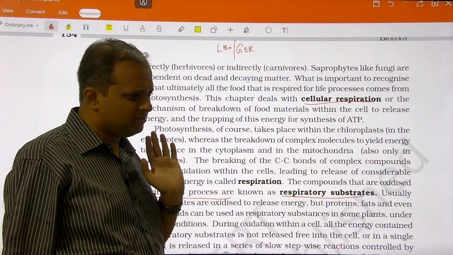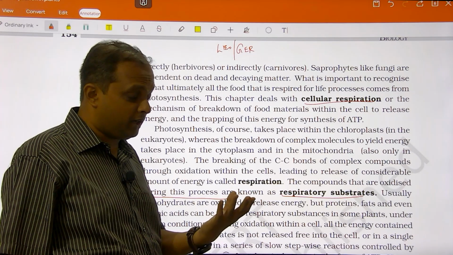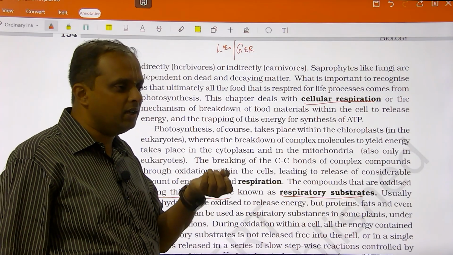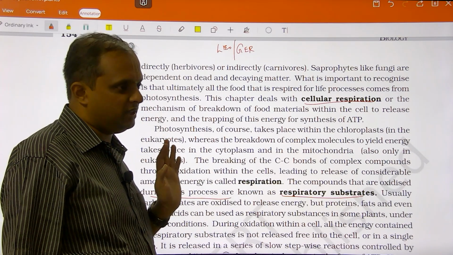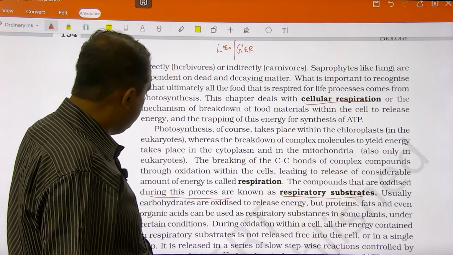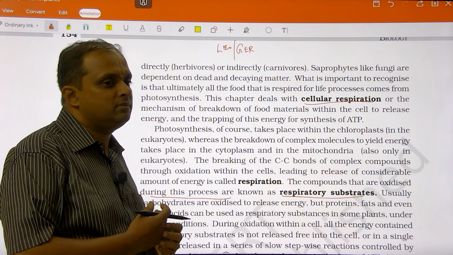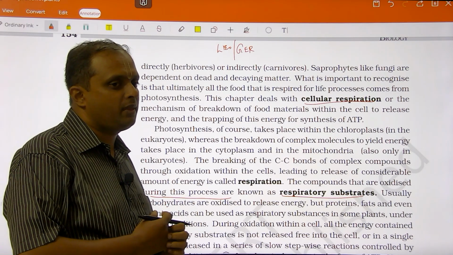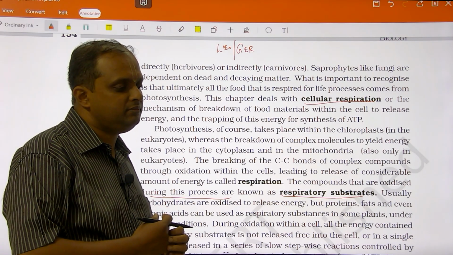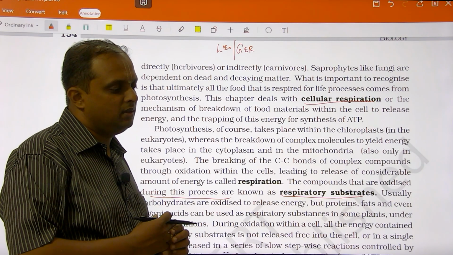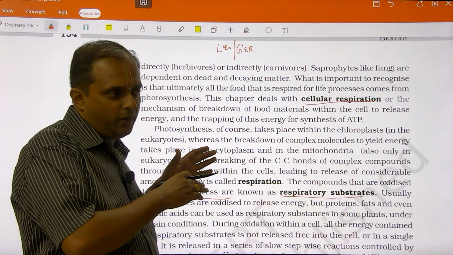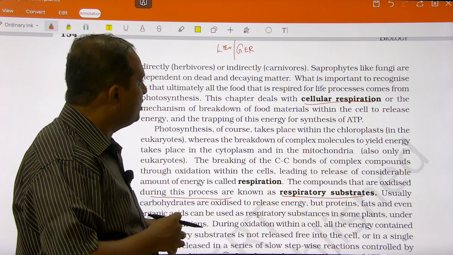Electron losing is oxidation. Electron gaining is reduction. Right? Note this down. Are you okay with the initial concepts, everything? Okay, right.